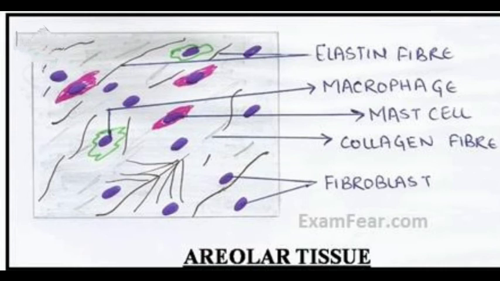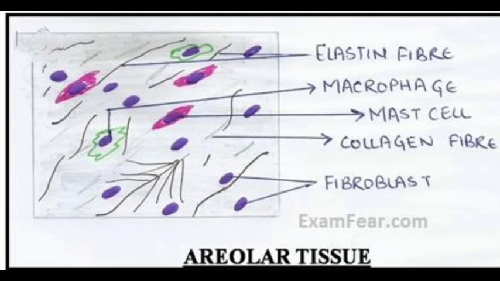Areolar tissue, just now I have told you, is present between the internal organs. So this tissue prevents the organs from getting compact, or we can say that it provides space for contraction and relaxation. So they just don't collapse onto each other.